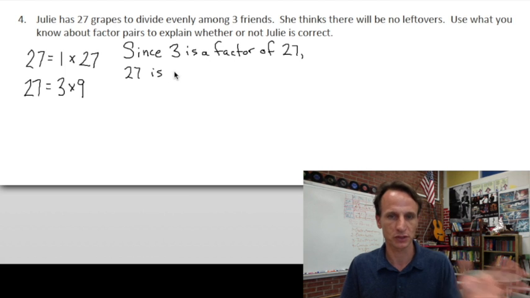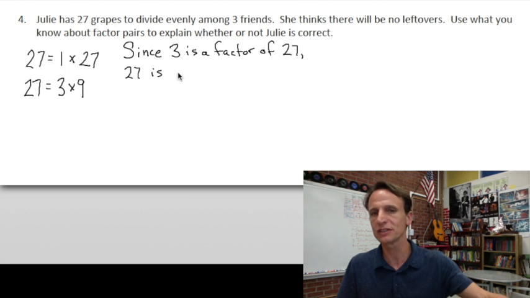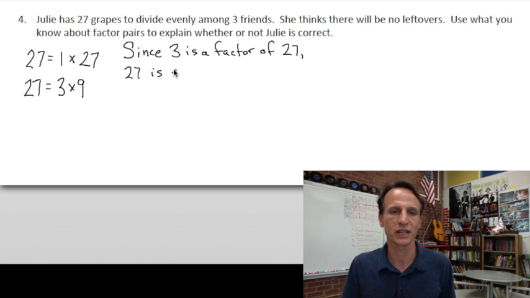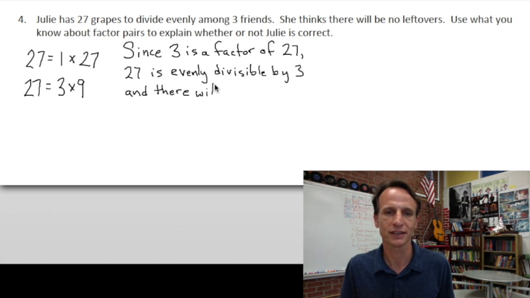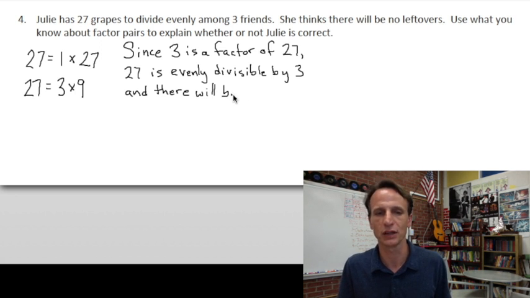That means when we're dealing with whole numbers, it'll divide into it evenly with no remainder. So 27 is evenly divisible by 3, and what does that tell us if it's evenly divisible? There will be no remainder.